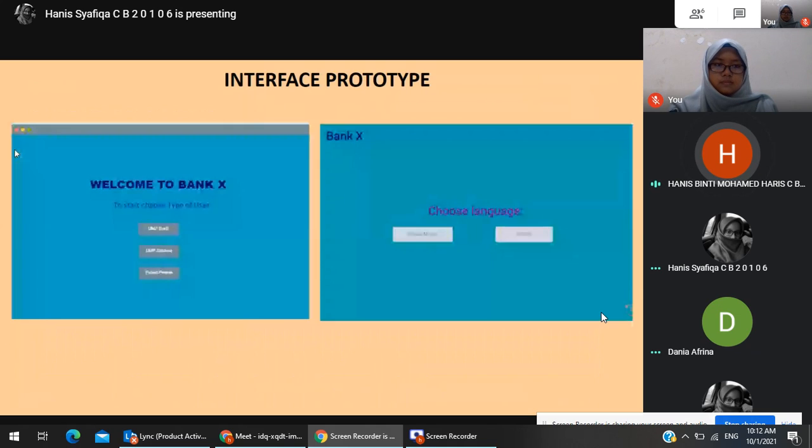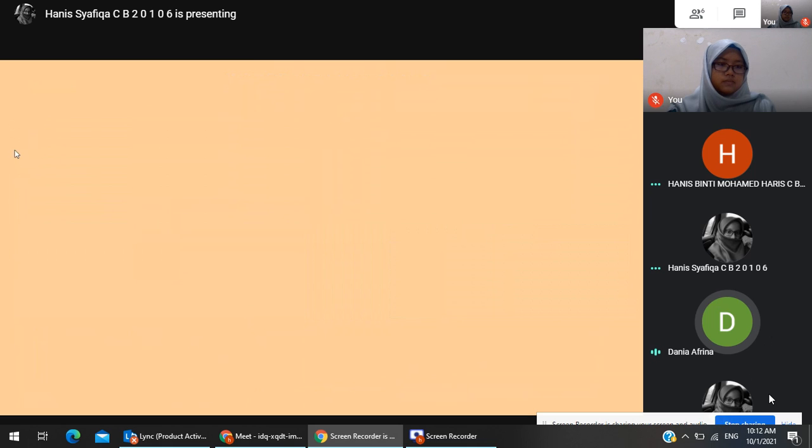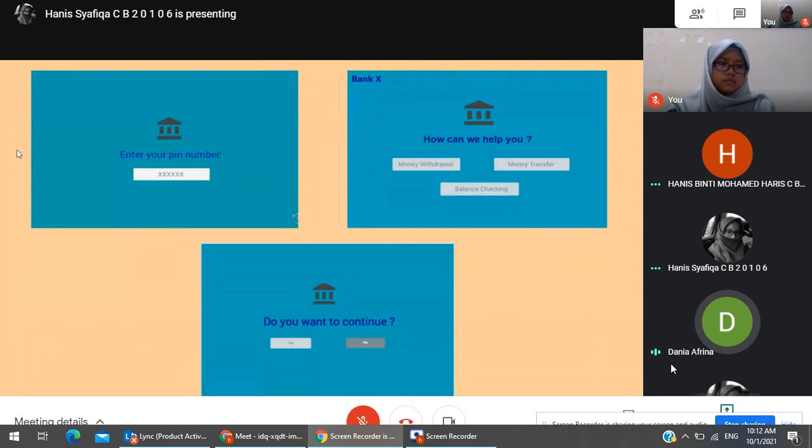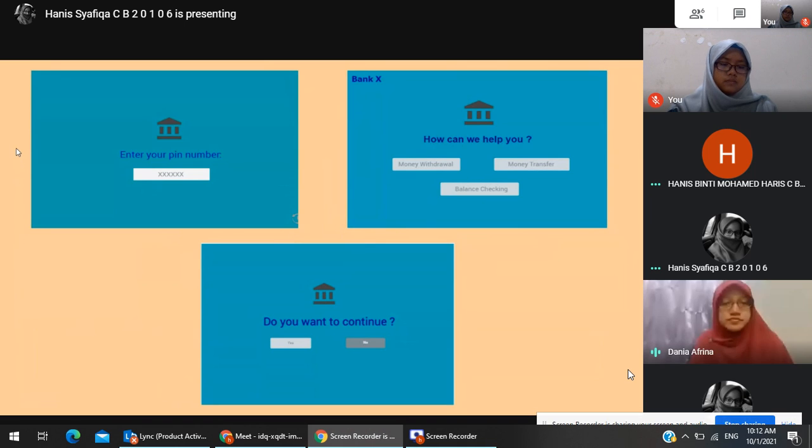So this is the interface prototype, where we need the user to choose the type of user, language, next, enter PIN number, option, and if they want to continue the process, they can choose yes or no.